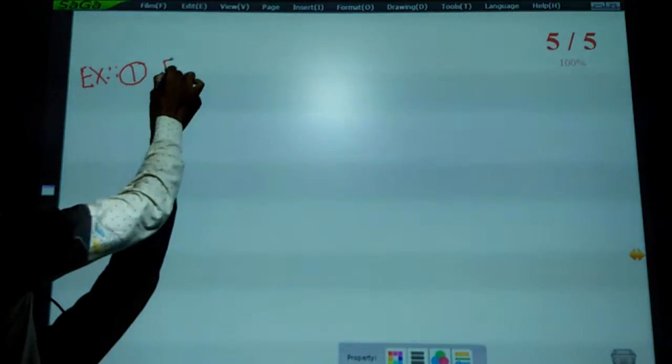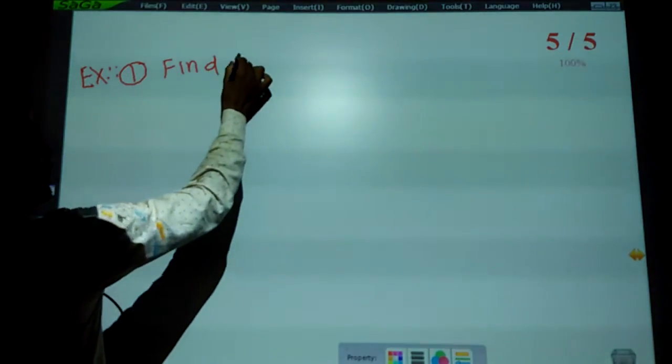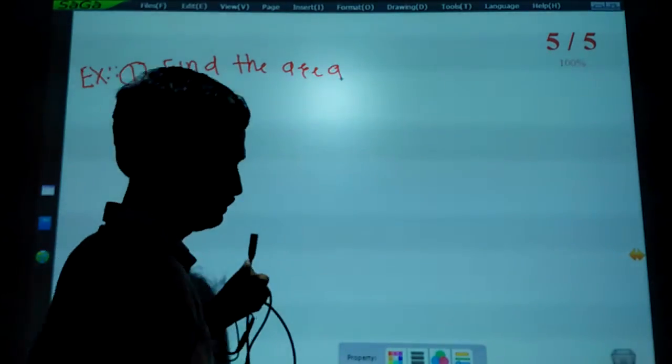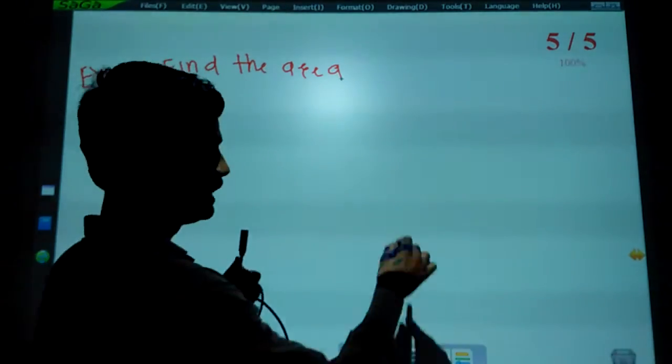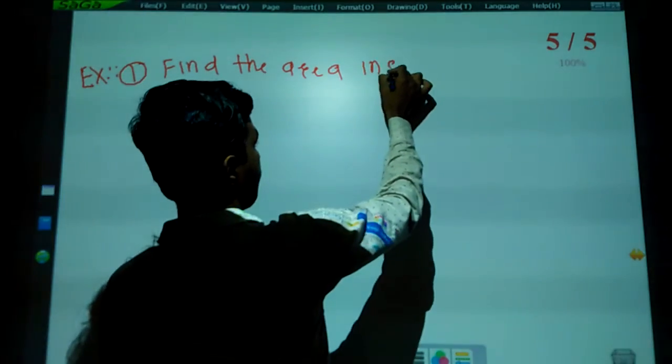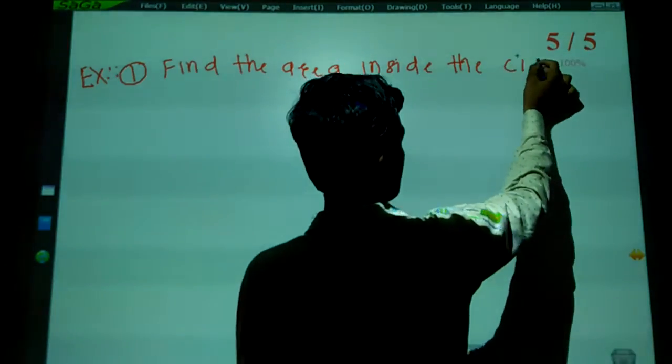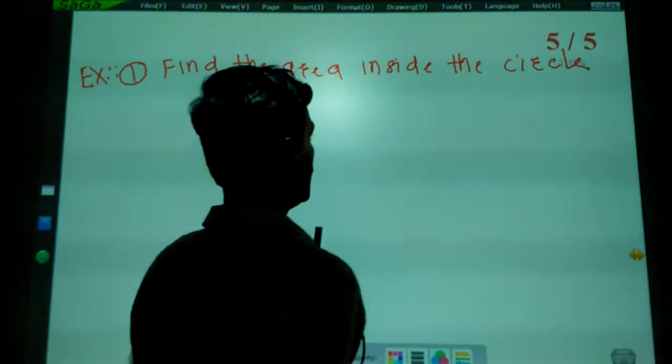The question is: find the area inside the circle. Read the question carefully.